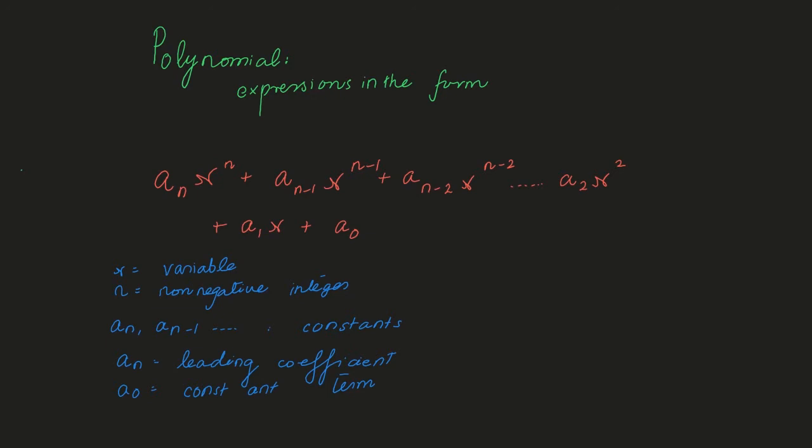So this is a polynomial where x is a variable, n is a non-negative integer, the power of x, and we've denoted a_n as the coefficient of x to the power n.